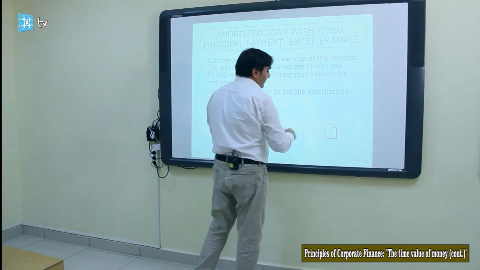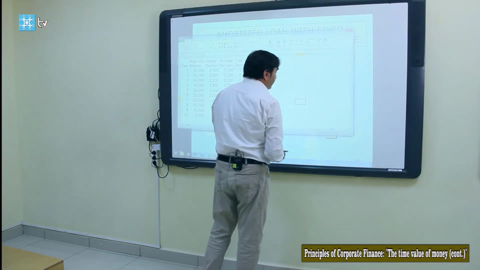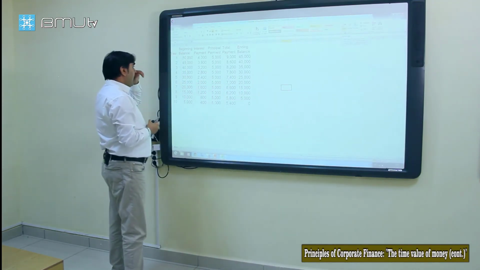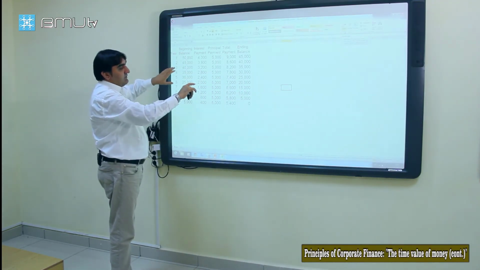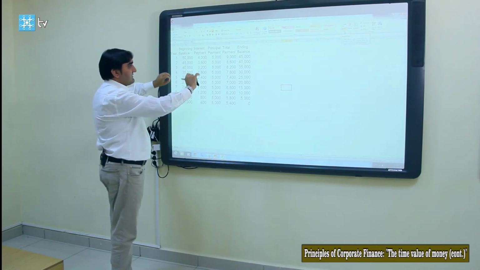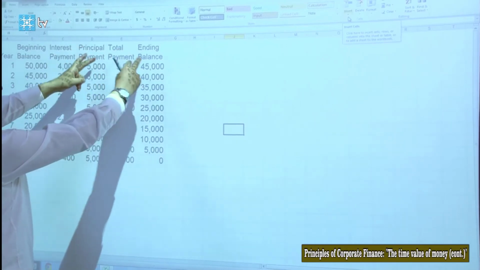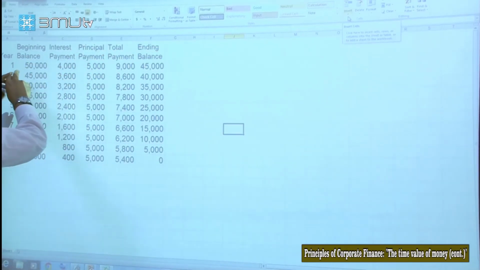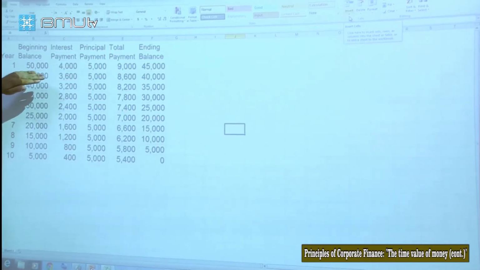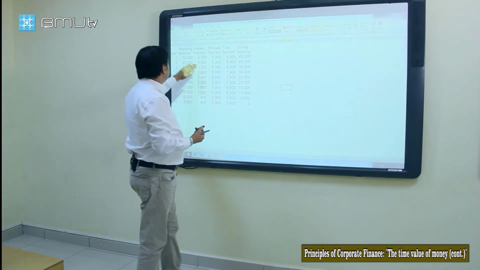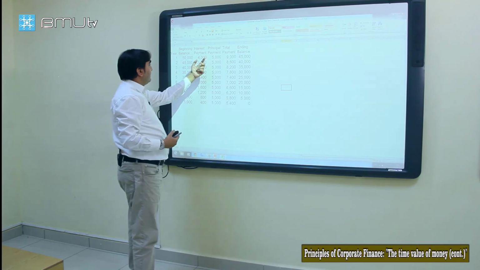With this condition, we can amortize our loan like this. We may have different schedules, but the best schedule is this one: beginning, interest, principal, total, and ending. So the beginning balance for year 1 is 50,000 and the rate is 8%. 8% of 50,000 is 4,000.